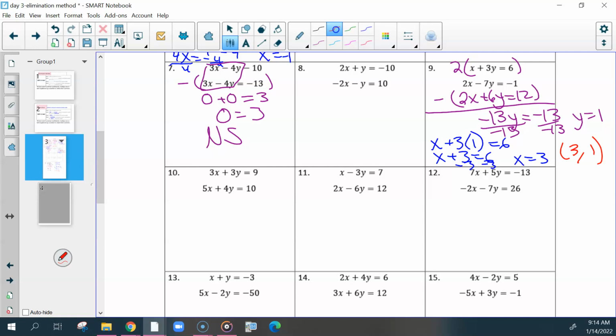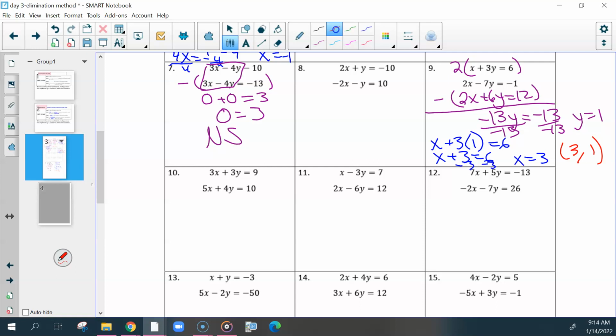Just so I know that you fully understand this process, we'll do one more and then I'll let you guys out. For number 10, do we have common coefficients? No. So we need to eliminate x or y. Which one do we want to get rid of?